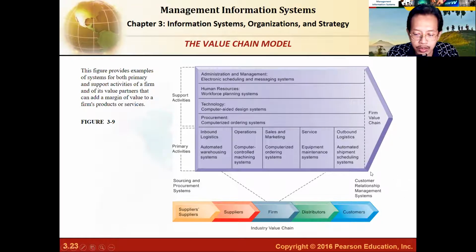In order to connect yourselves with the customers, whether it's distributors, retailers, or customers directly, you can use customer relationship management systems. And then you can also use supporting activities, including information systems for administration and management, information systems for human resources, and so on. And all these would have the objective of increasing the company's value chain.